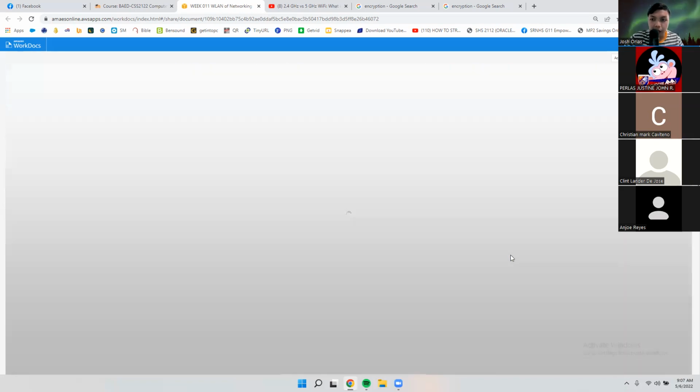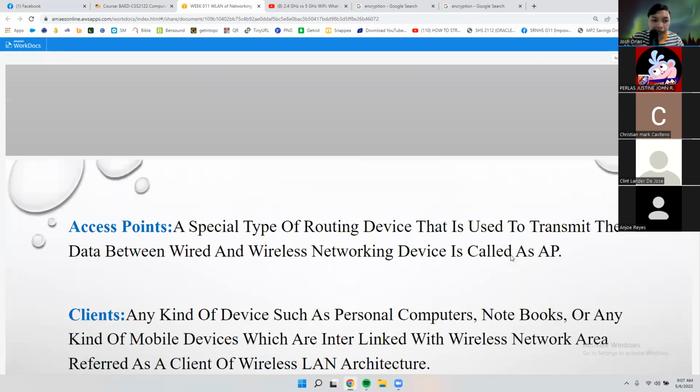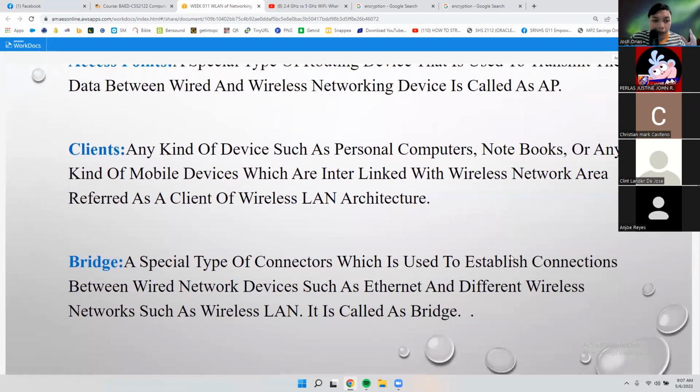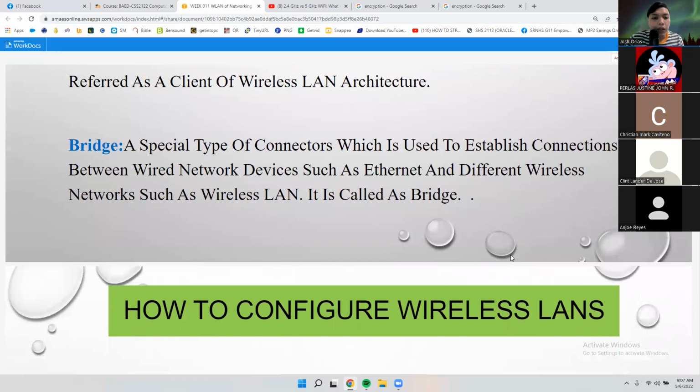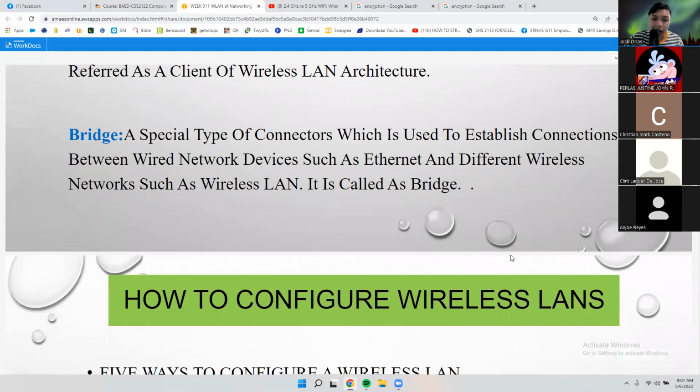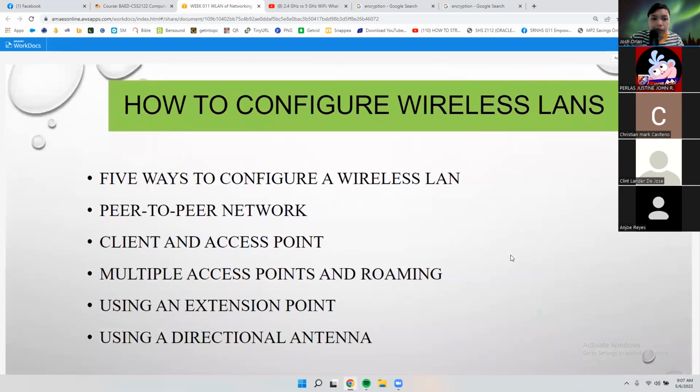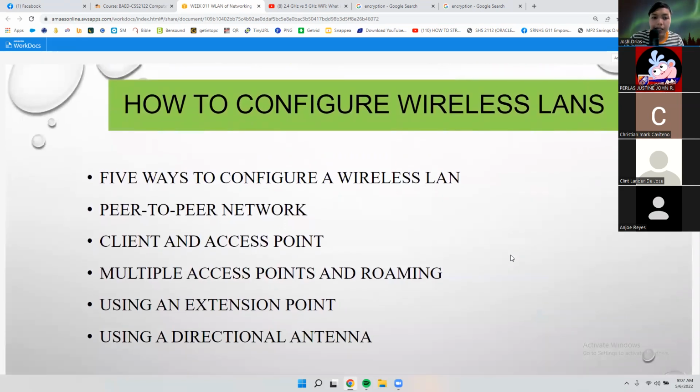So sila po yung referred as a client of wireless LAN architecture. Ang bridge naman, so special connectors of network device which used to establish connection between the wired and the wireless. Okay, magbi-bridge sila. Now, how we can configure wireless LANs.